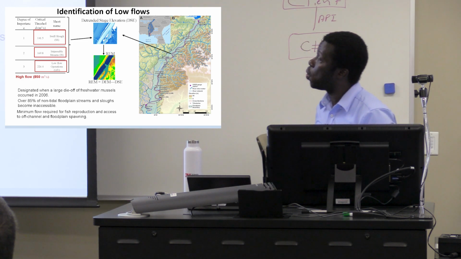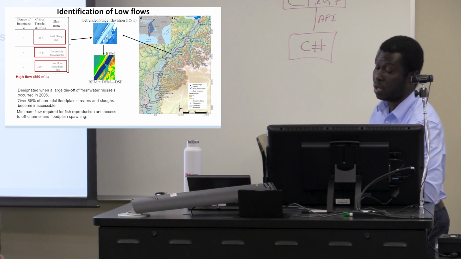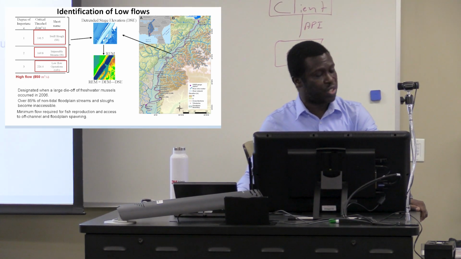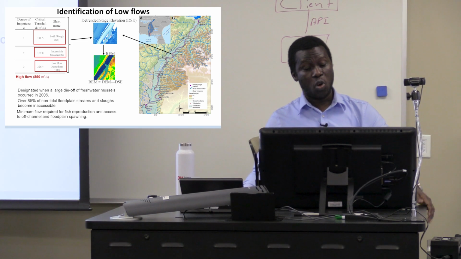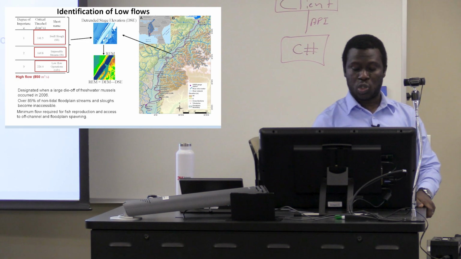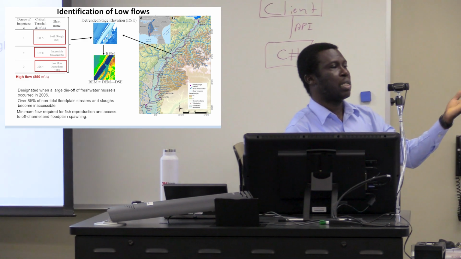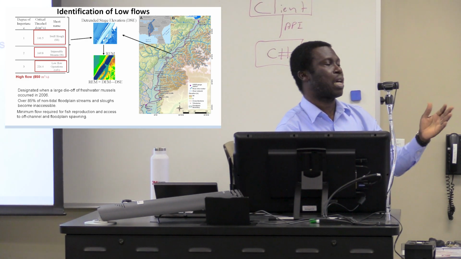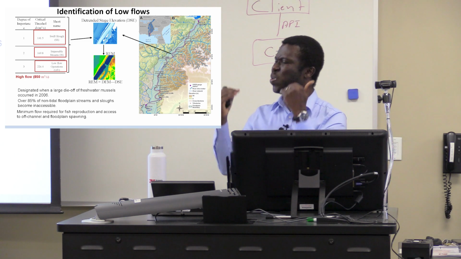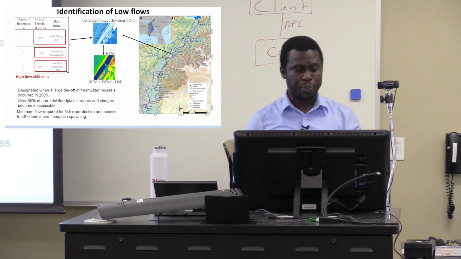The second threshold is impassable streams, which is 169.8. This impassable stream threshold refers to when over 85% of non-tidal floodplain streams and sloughs become inaccessible. Nobody can go there. Farmers can't go there. You cannot use your small boat to pass because the water level is really, really low.